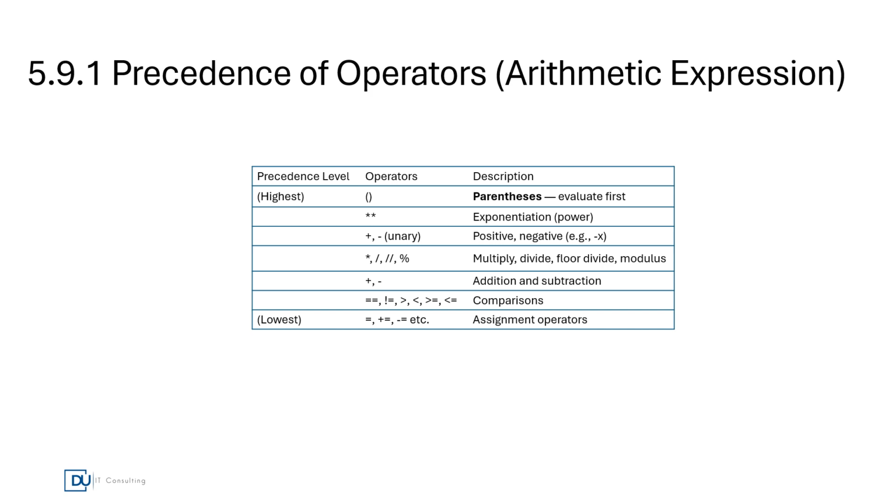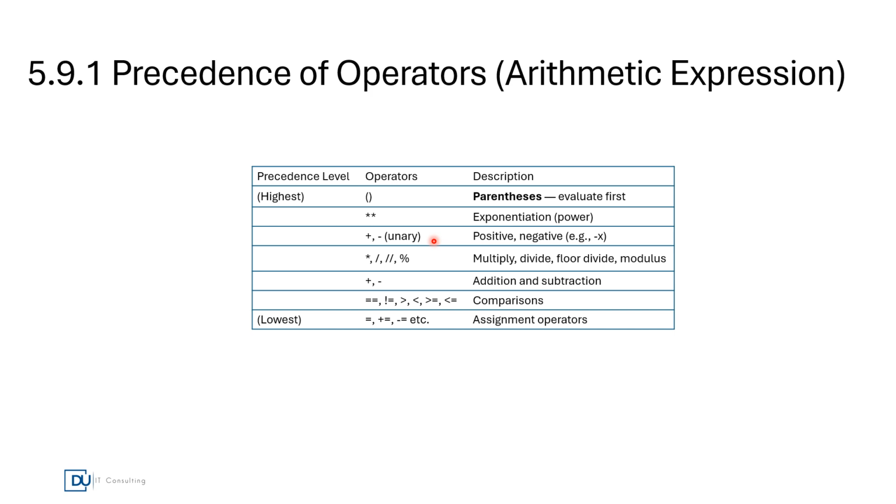Precedence of operators. Now we're going to look specifically at arithmetic expressions, that is, mathematical expressions. The precedence level goes from highest to lowest. Whenever you have parentheses, any operations written within them take the highest priority, followed by exponentiation, then unary.